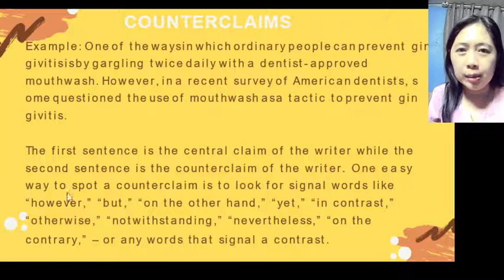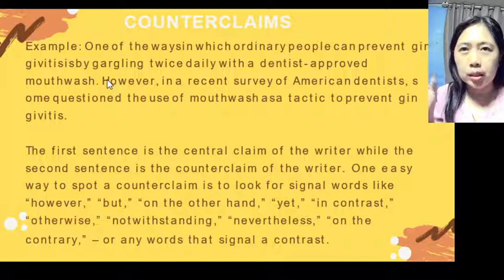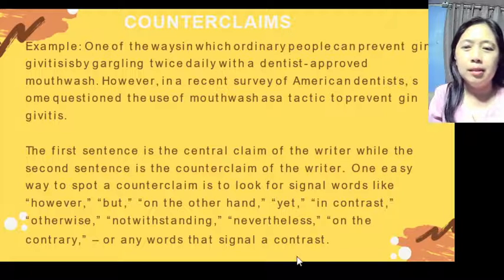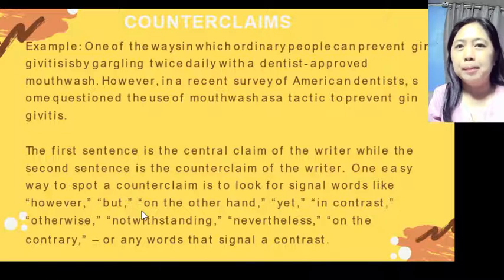One easy way to spot a counterclaim is to look for the signal words. Signal words are called transitional words. The transitional words used here are contradictory, like however, in contrast, on the contrary. Those are the examples.